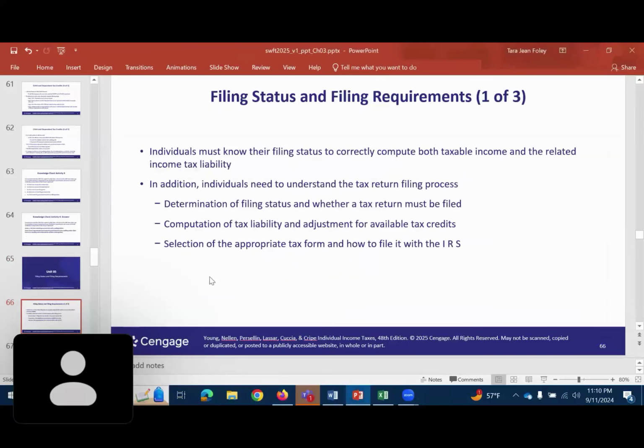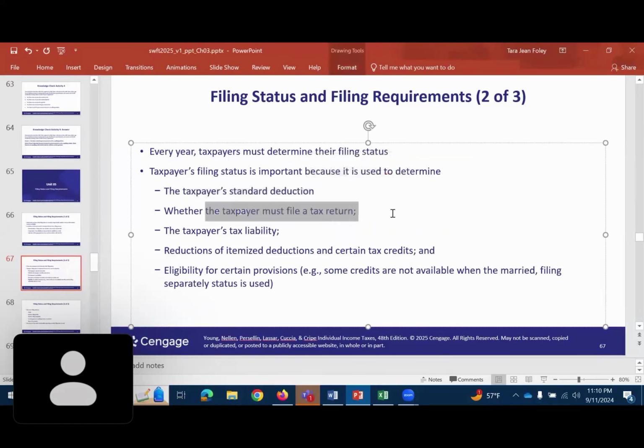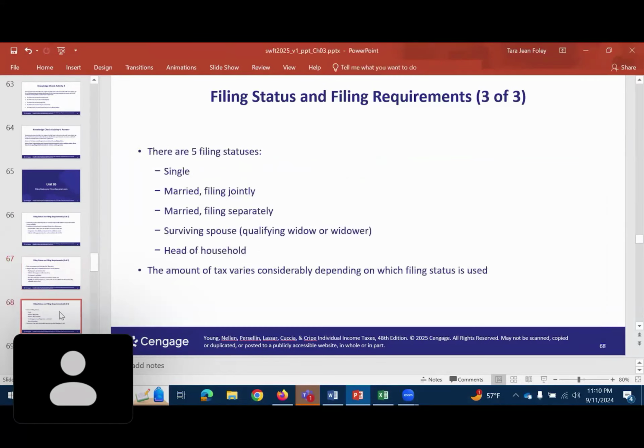You must know what your filing status is to make sure that you're computing your tax liability correctly. You need to know what your standard deduction would be, whether you have to file a return or not, what your liability is, meaning what you're going to owe. Do you have itemized deductions or credits that you can have that we did, right?